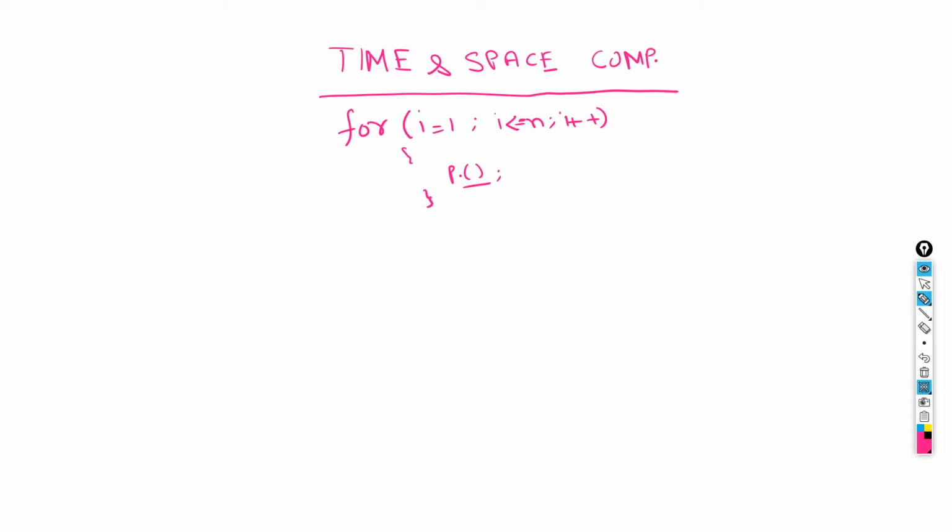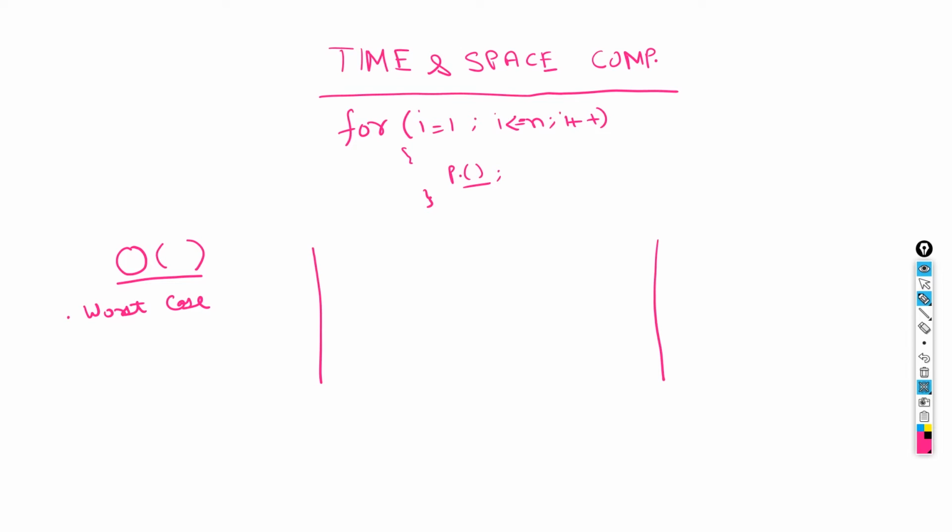Before we can give this answer, we need to know the concepts of both time and space complexity. So let's first talk about time complexity. When we say time complexity, we talk about three aspects. First is the uppermost time complexity, or the worst scenario, which is big O. This is the worst case time complexity, or the maximum time the algorithm or the code snippet we have written is going to take.